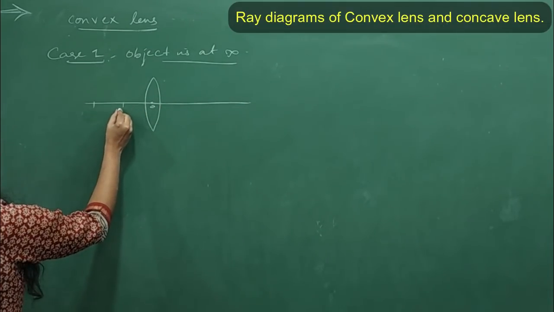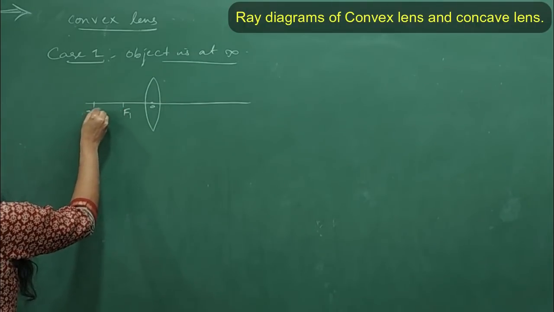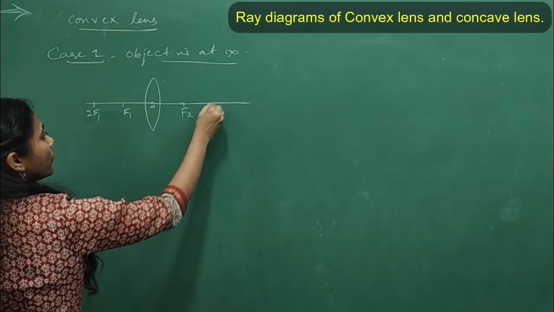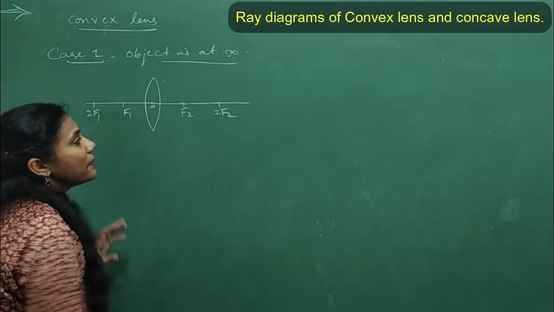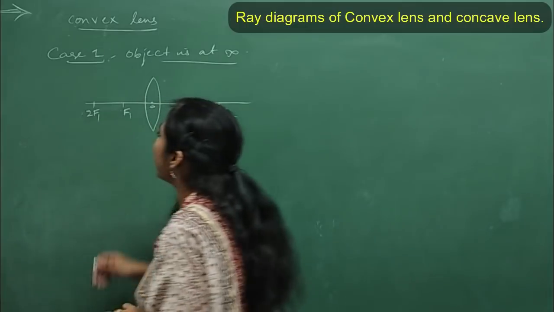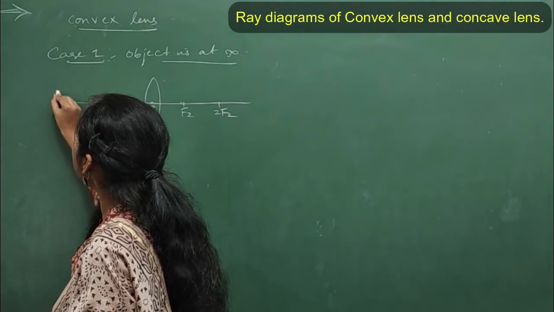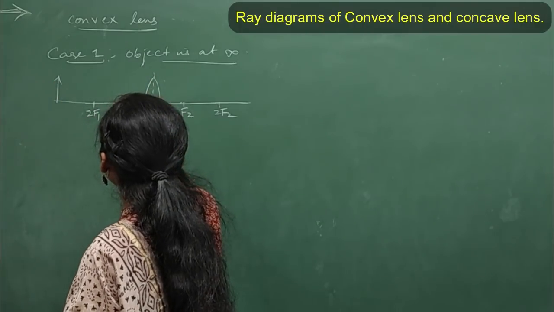This is principal focus f1 and this is 2f1. So this is our f2, this is 2f2. Okay, you will have 2 principal focus and 2 centers of curvature, right?